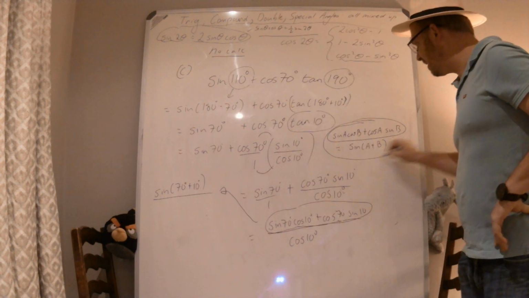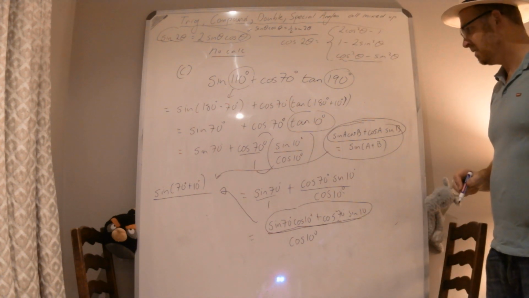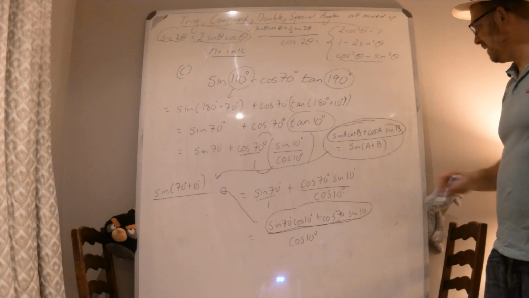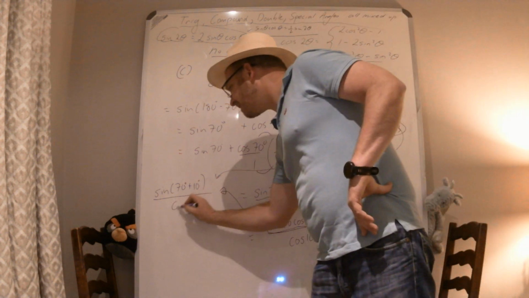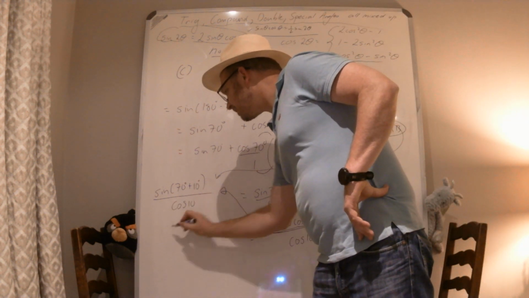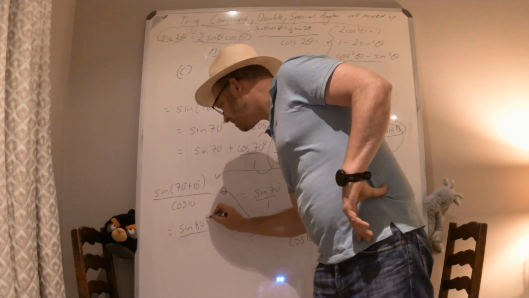I use this formula over here to do that. So it becomes sine 70 plus 10. That pattern over there becomes that, all over cos 10, which is sine 80 over cos 10.